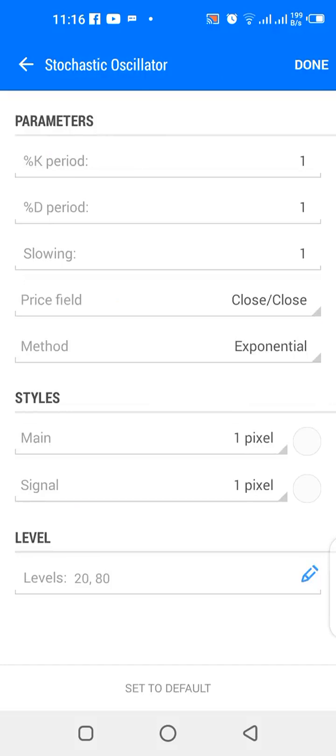The percentage K period is 1. The percentage D period is 1. And the slowing is 1. Price field is close on close. Method is exponential. Now the style color for the main and the signal will match the background color of the chart.